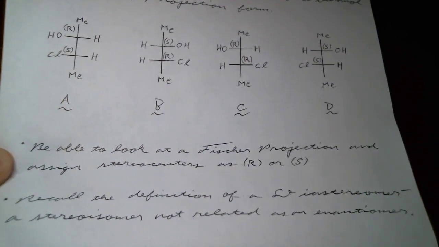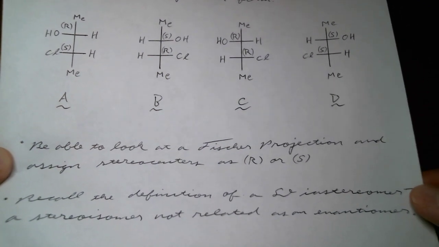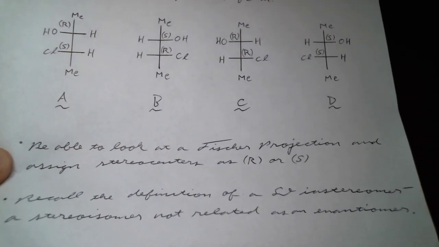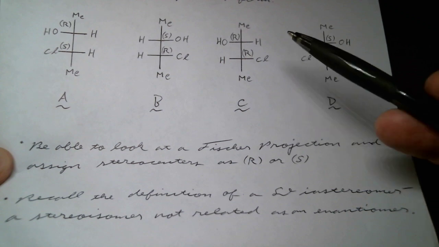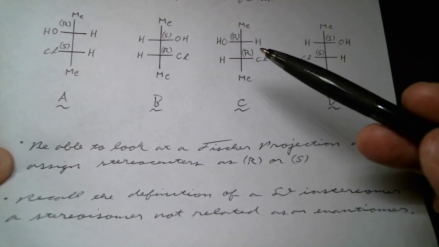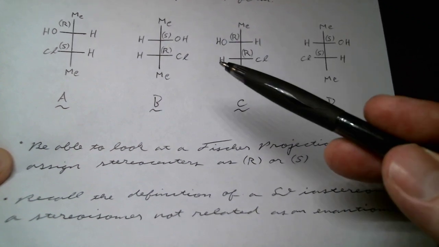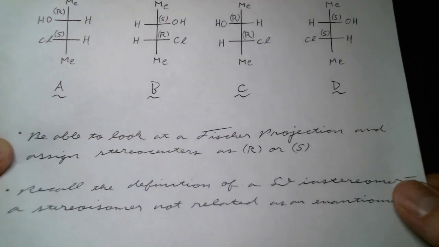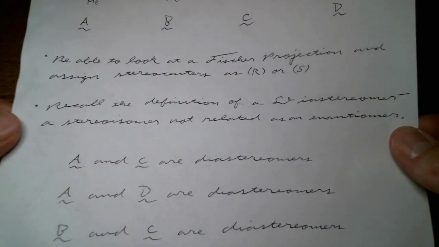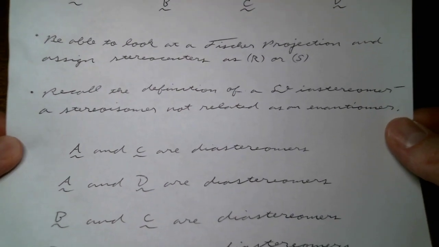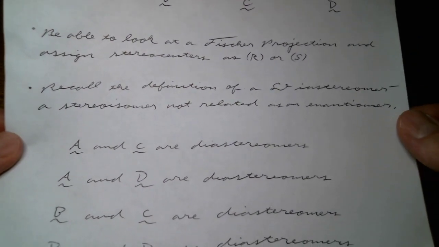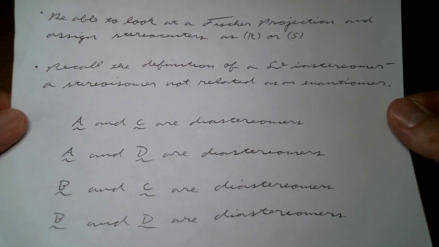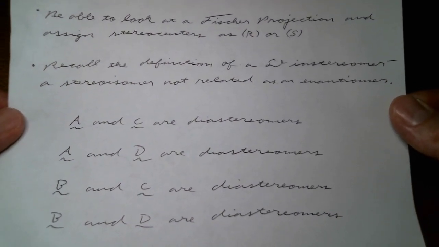Well, A and C are related not as mirror images, and it's kind of easy to see in this Fisher projection form what is related as a mirror image and what isn't. A and C are definitely not mirror images, they are diastereomers. Similarly, A and D are diastereomers, as are B and C and B and D.